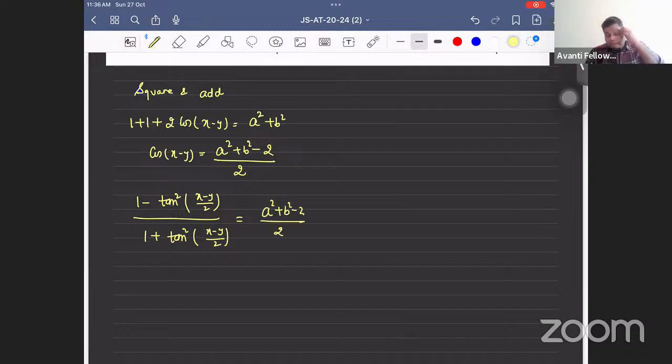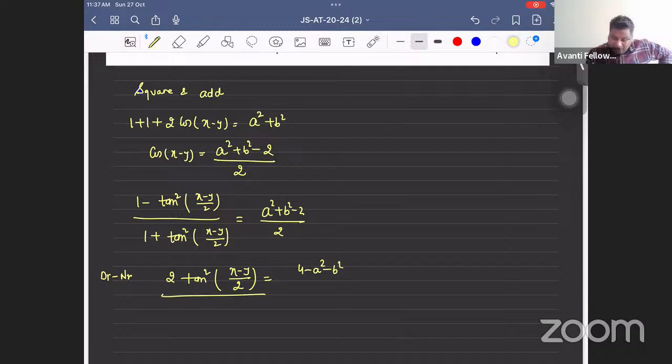Now let's do one thing, apply componendo dividendo here. So here I am doing denominator minus numerator. So you get twice of tan square (x minus y) by 2, so it will be 4 minus a square minus b square. In the denominator, I will do numerator plus denominator. So here comes 2 and here it will come a square plus b square.